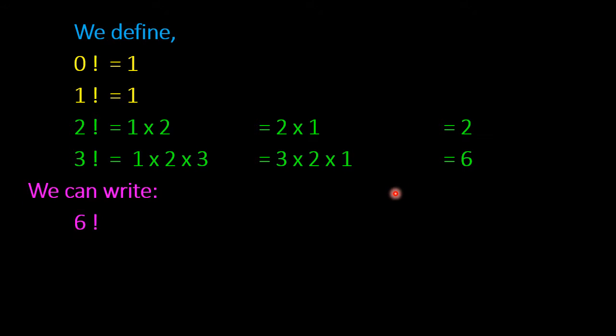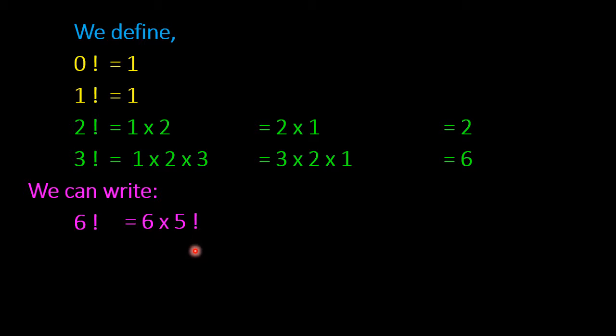Now similarly, we can manipulate also. For example, if I want to write 6 factorial, instead of 6 into 5 into 4 into 3 into 2 into 1, I can write 6 into 5 factorial also, because this 5 factorial means 5 into 4 into 3 into 2 into 1.